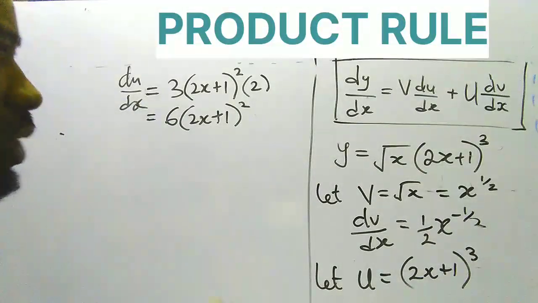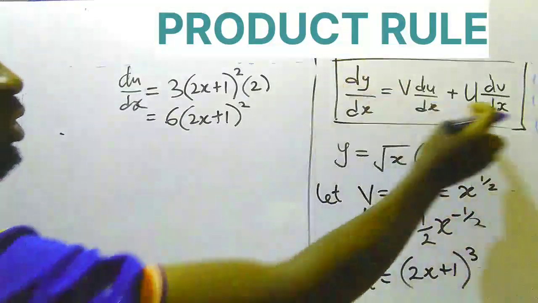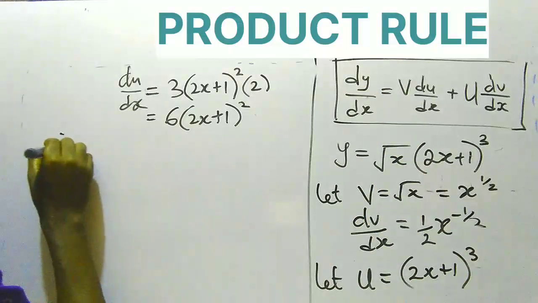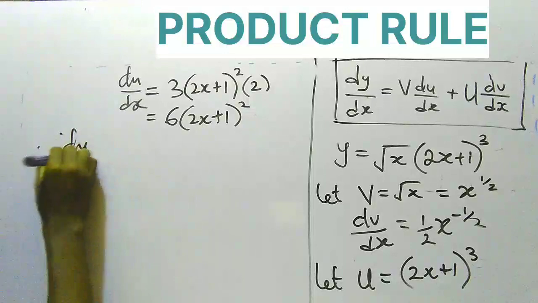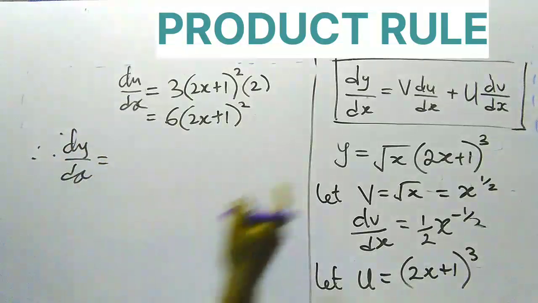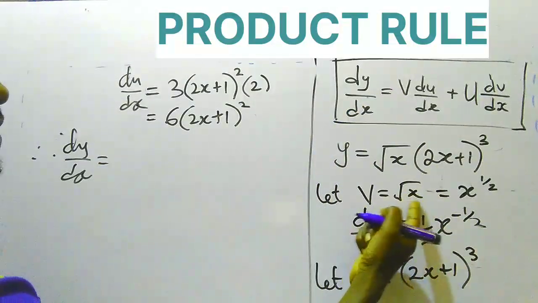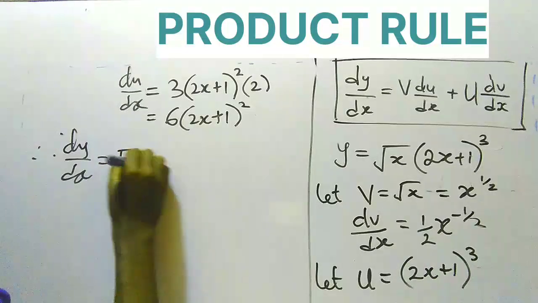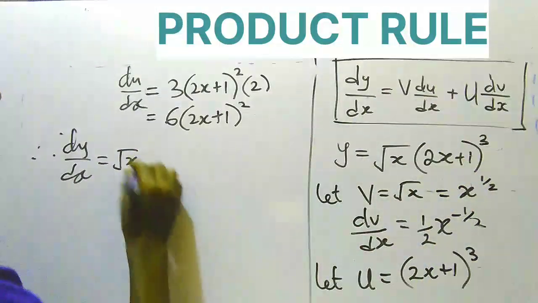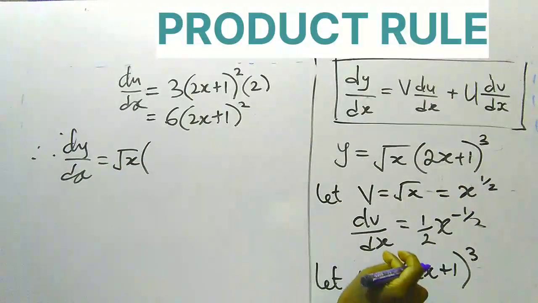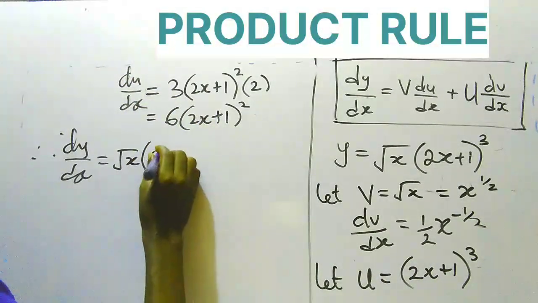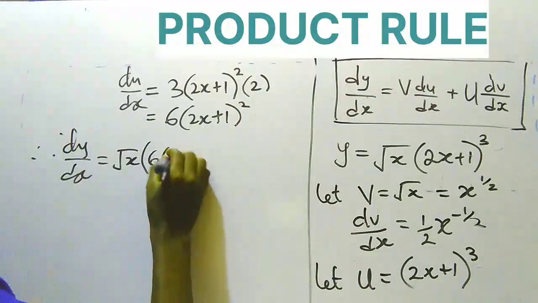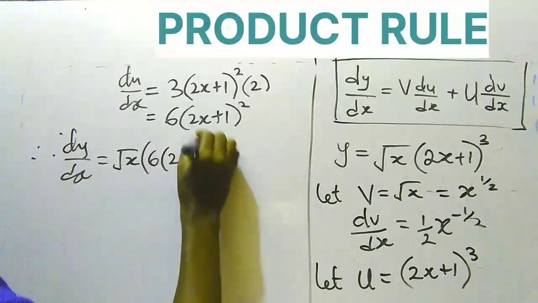Now let's apply our formula. Our formula for the product rule says dy dx equals v du dx plus u dv dx. So therefore our dy dx says v. What's our v? Our v is root x, times du dx. What's our du dx? Look at it here: 6 into 2x plus 1 all squared.